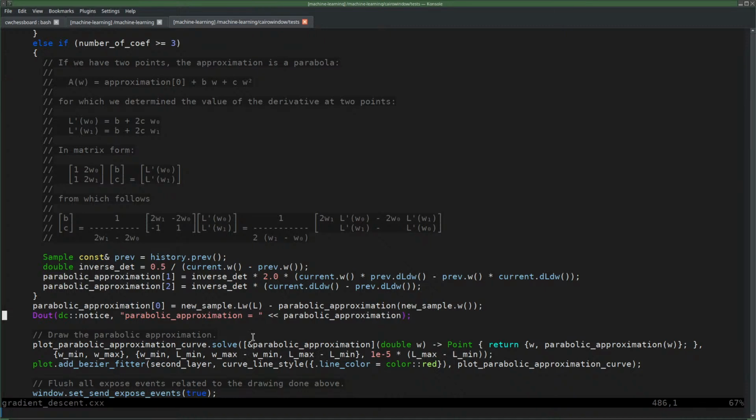Right now I want to print which points this approximation is based on. And I guess it's based on the new sample, and the current and the previous. Damn it. No, I think new sample is the same as current.